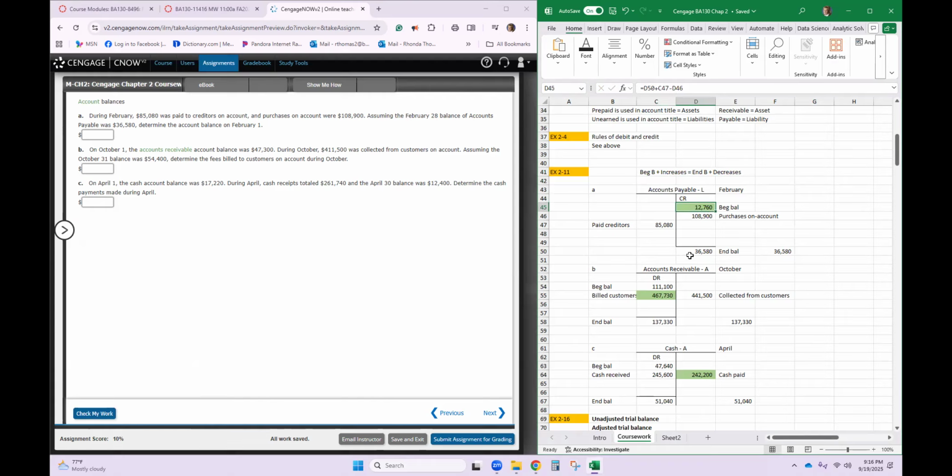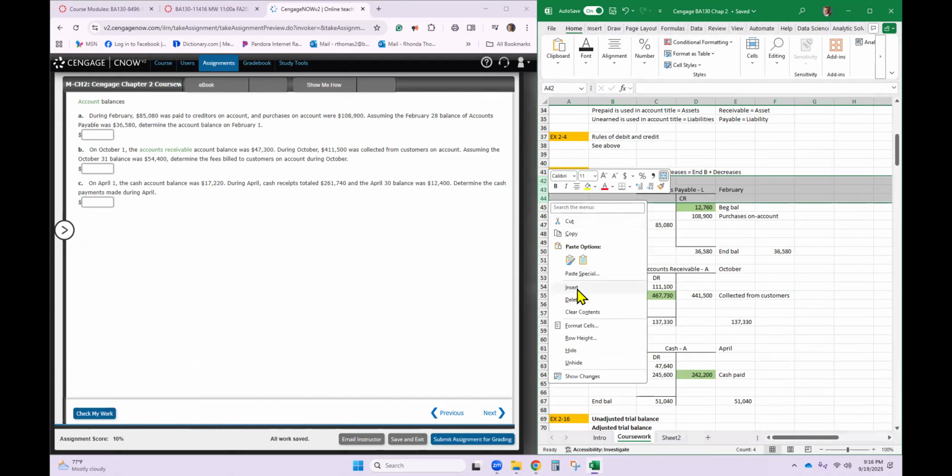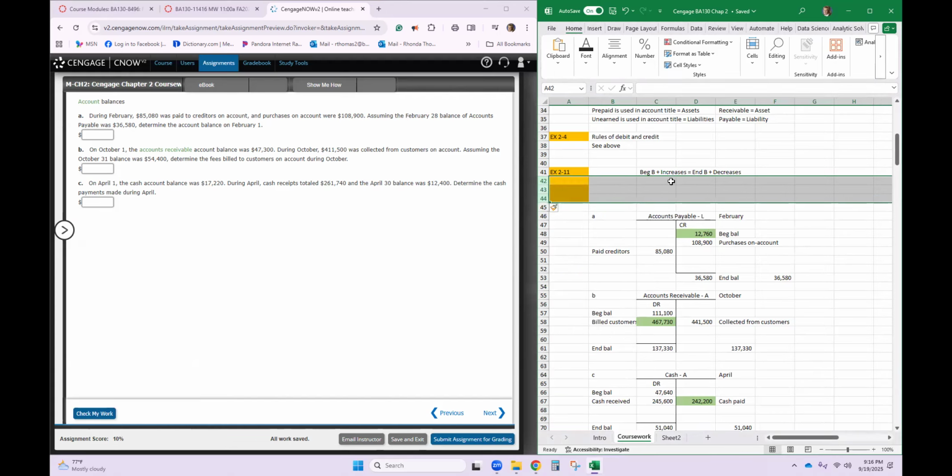Now we didn't know what that was, but we knew the ending balance, right, was 36,580. We knew the creditors that we paid down is 85,080. Let me see if I can do this. And I want to isolate the beginning balance, right? Here is some algebra that you said you'd never use. Okay, so I'm going to show this, right? So here is the formula for account balance.